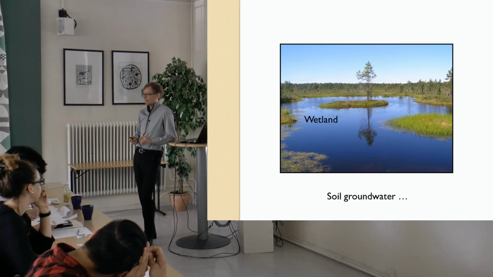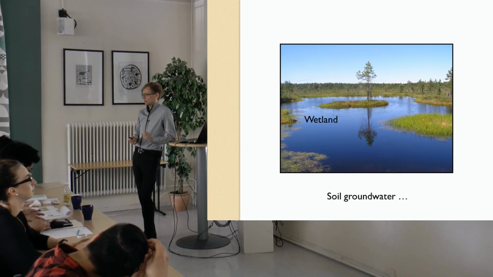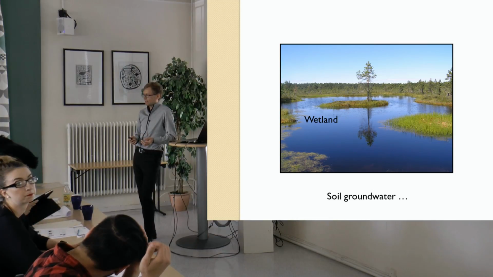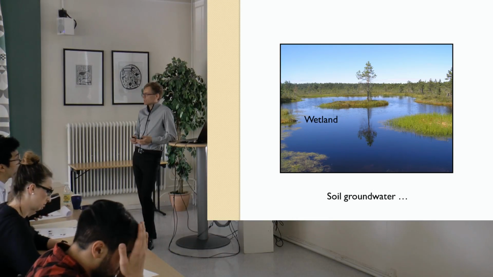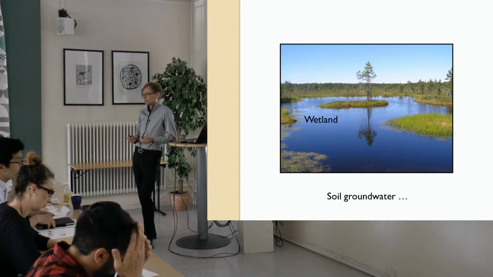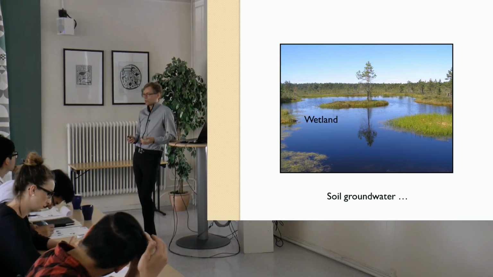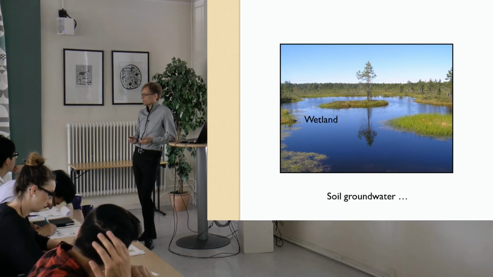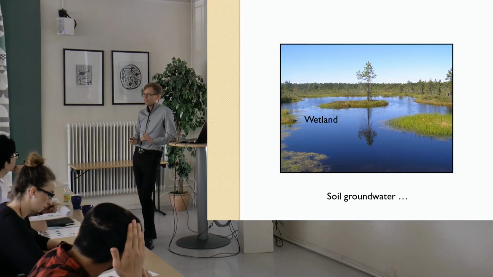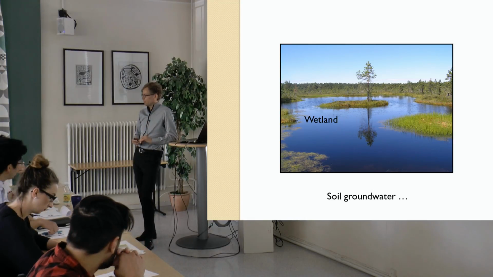The pH is really a key variable when it comes to hydrochemical investigations, because it controls so much of the water chemistry, and it controls also the ecosystem, the biology. So pH is a really crucial parameter.